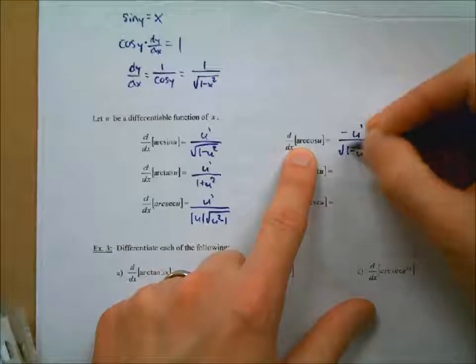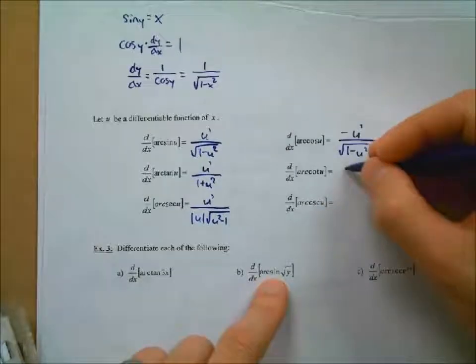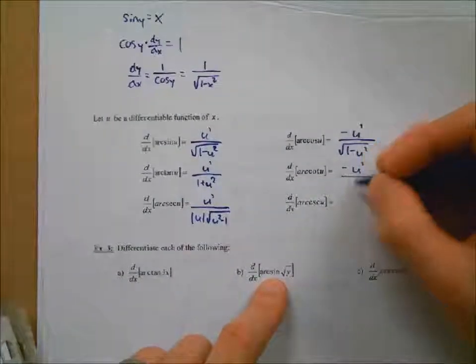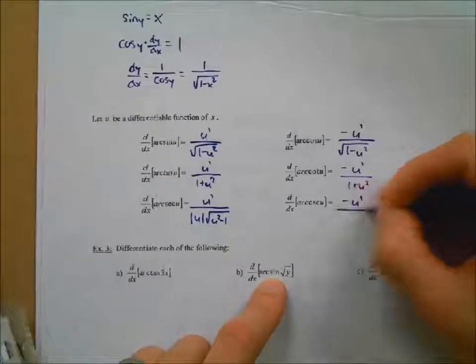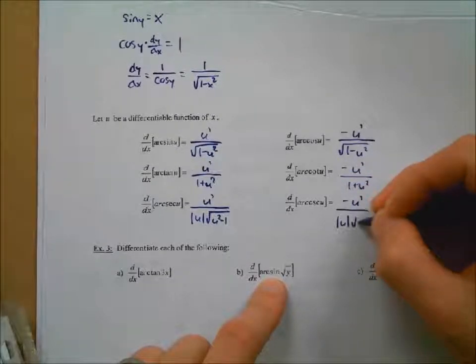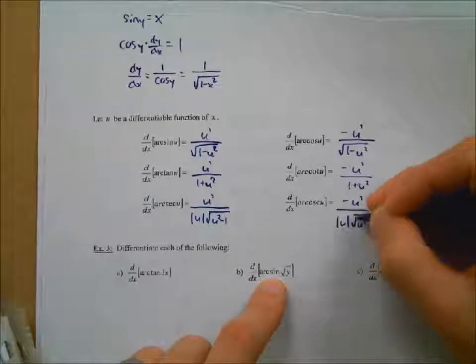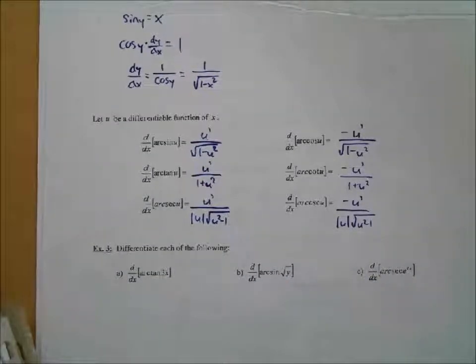Same thing with arc cotangent: negative u prime over 1 plus u squared. And arc cosecant is negative u prime over the absolute value of u times the square root of u squared minus 1. So that's the good news. Really, it's 3 that you have to really know, and then you just do the negatives of those for the co-functions.